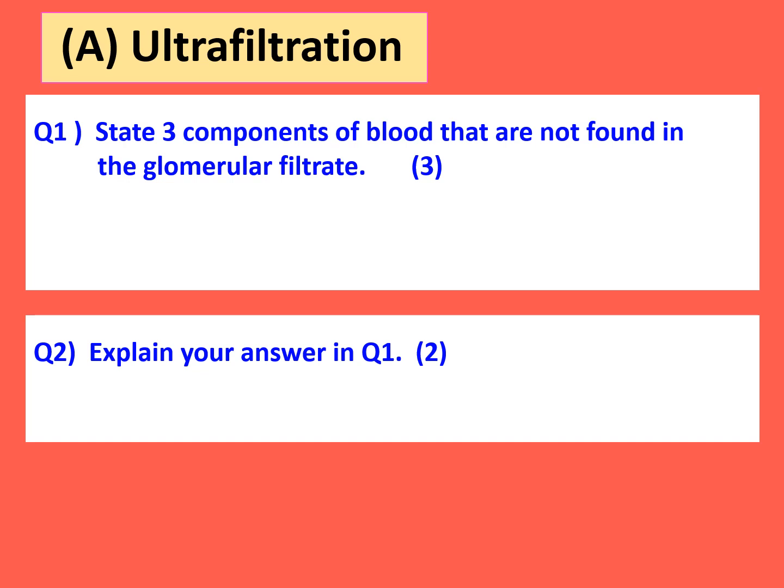Let us look at a common question asked in this section of ultrafiltration. State 3 components of blood that are not found in the glomerular filtrate. So what are the 3 components, as we discussed just now? It's the substances or the molecules that are bigger, right?